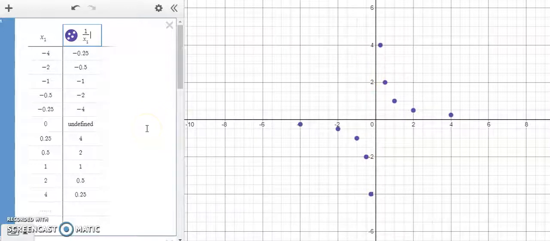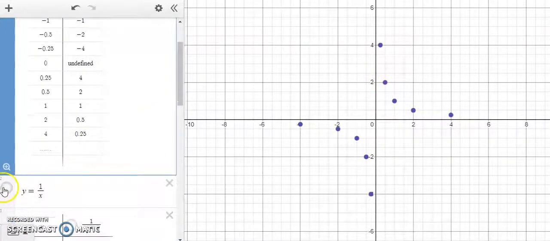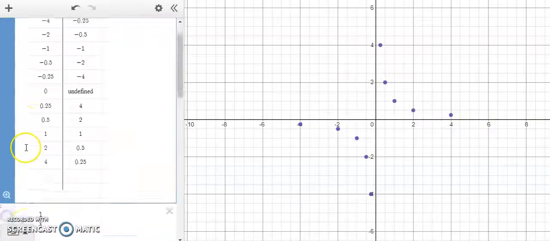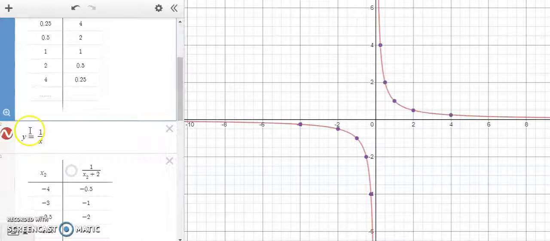And if I connect all of those points, we get two little curves with our undefined value right in the middle. That undefined value, that line that our curves do not cross, is called an asymptote. And we'll see how that's spelled in a little bit. So when we're looking at our graphs, the most important thing is to be able to identify where the asymptotes are, and then that will tell us how the graph is going to look.